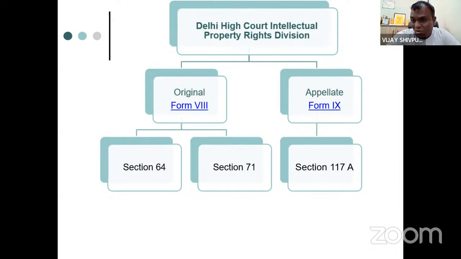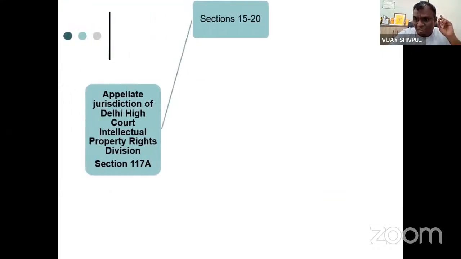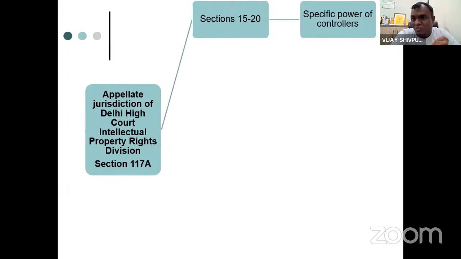Then we have the appellate authority under section 117A, and there are a lot of sections under it which can now be appealed directly to the Delhi High Court Intellectual Property Rights Division. What are those sections? Sections 15 to 20 cover specific powers of the controller, which include, for example, power in case of divisional applications or post-dating of the application.